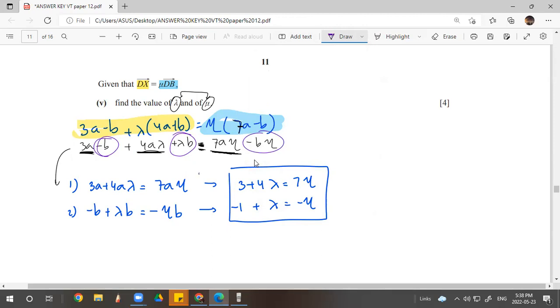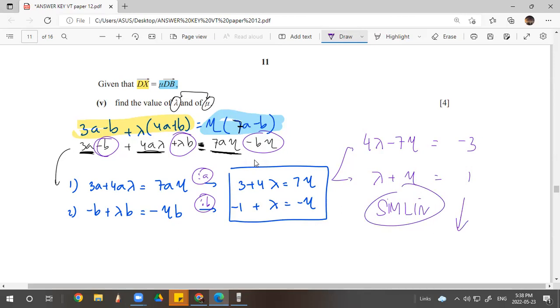And I divide everything by A, and I divide everything by B, and it seems to be easier to solve, right? So I put the equations properly: lambda minus 7 mu equals negative 3, and lambda plus mu equals 1. So you do the simultaneous linear equations.